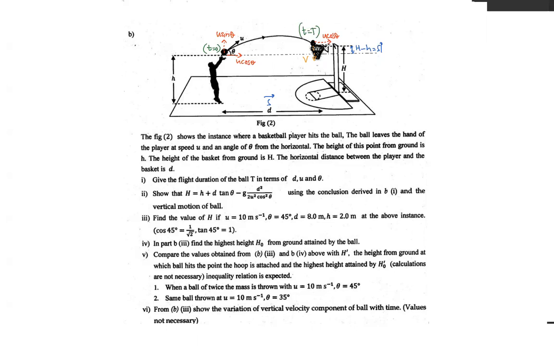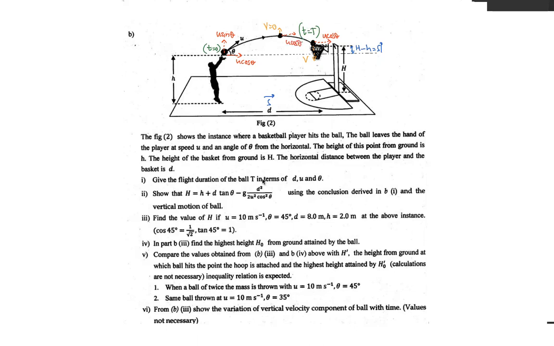See, it has reached the maximum height and it will be going down. At the maximum height, the vertical component is 0, right? But the horizontal component will still remain as u cos theta. It will not change. That's important. Projectile motion, u cos theta.